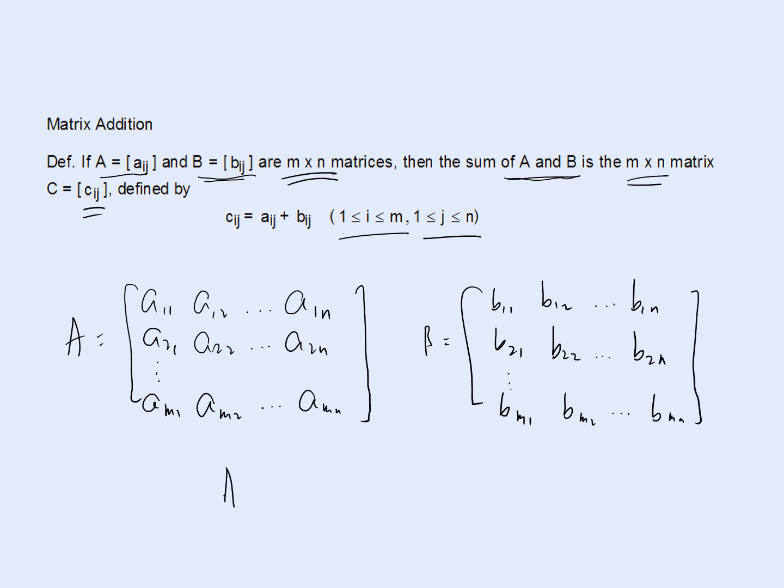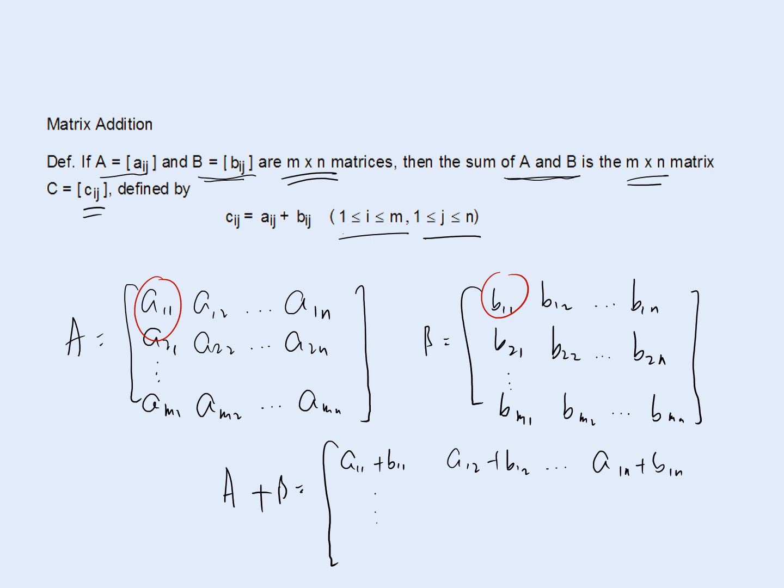So if you want to find the sum of these two matrices, what do we do? We just add the elements correspondingly. So that will be A11 plus B11, A12 plus B12, up to A1n plus B1n.